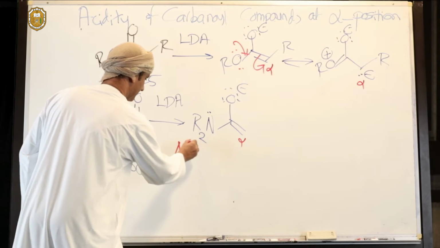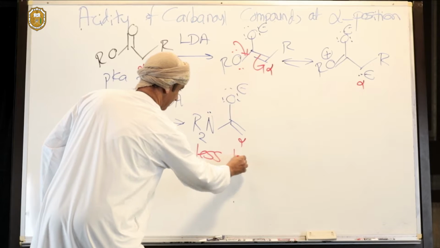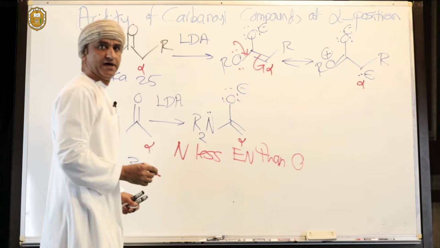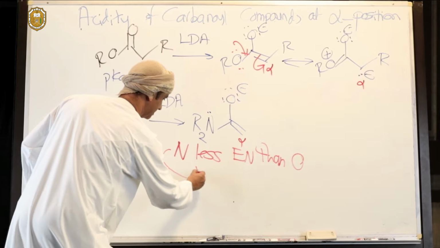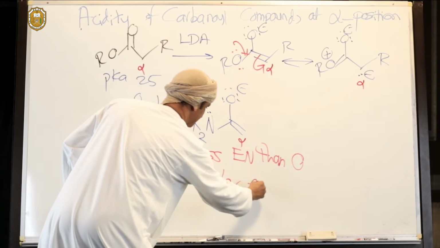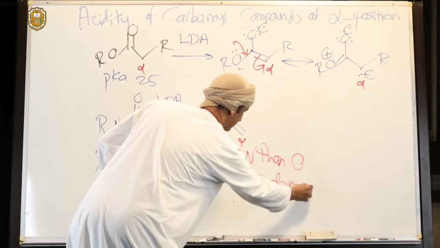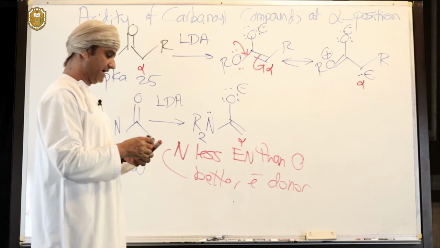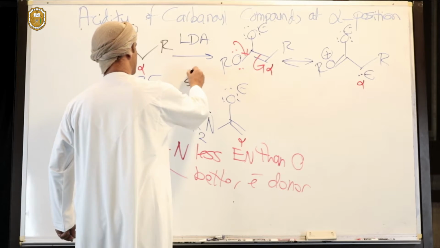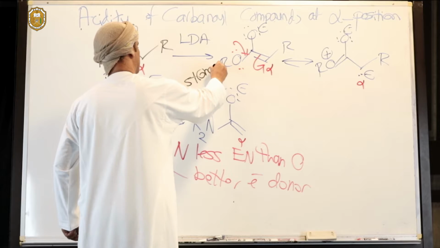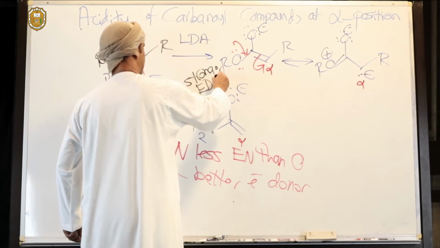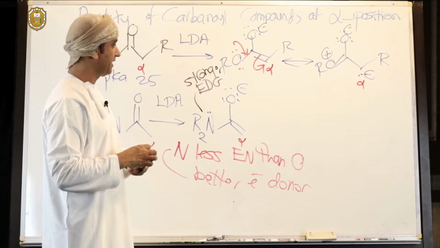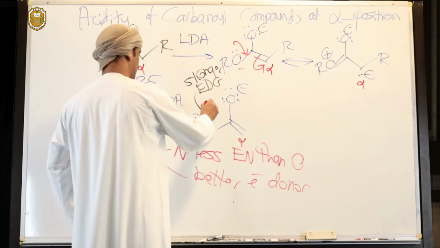Nitrogen is less electronegative than oxygen. Therefore, this nitrogen is a better electron donor. The NR2 is a stronger electron donating group as a result. So donation of electrons by nitrogen is stronger than that by oxygen.